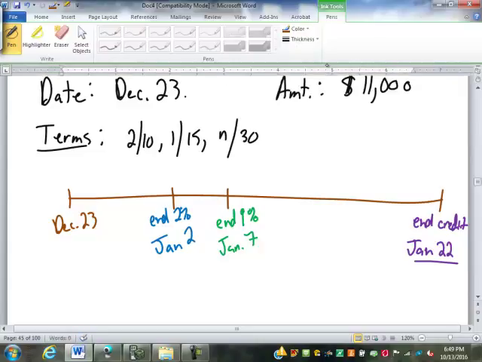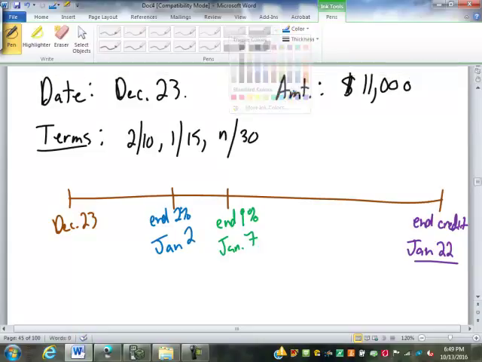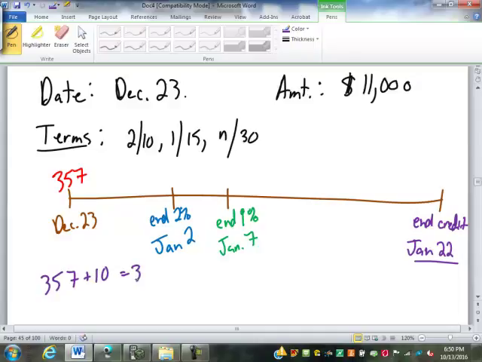Now, if I am using the table in the book, I would look up December 23rd, which is 357. And what I would have to do is, since the 10 days is going to take me over 365, there's a lot of ways I can look at it. But I can do 357 plus 10 is 367 minus 365.